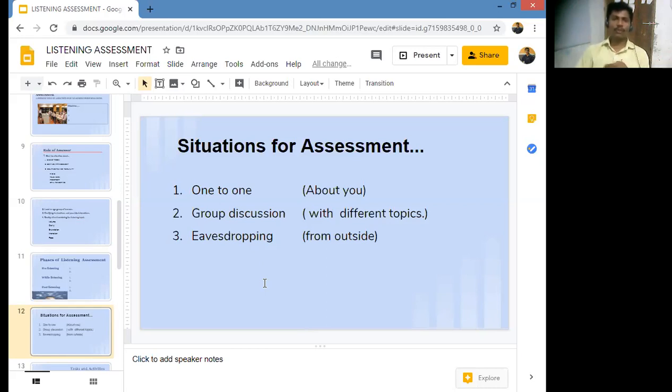One more situation for assessing the listening skill is eavesdropping, meaning the useless talking from the outside. But more than eavesdropping, the one-to-one method and the group discussion method will be more compatible for assessment of listening skill. So my friends, whenever you conduct the listening assessment in your classroom, please try to consider those situations too.